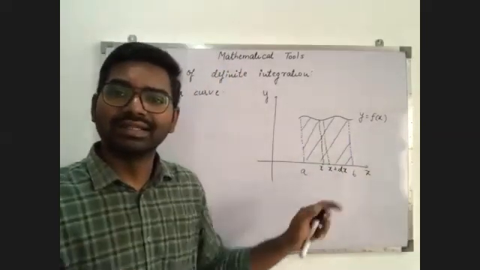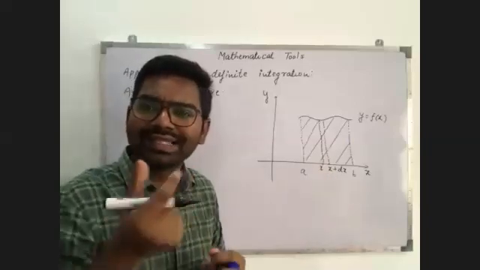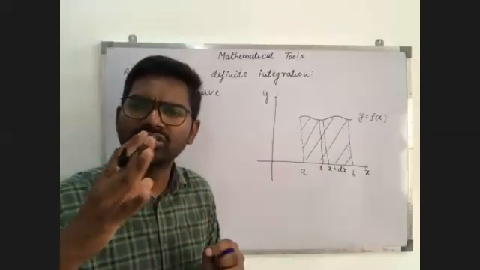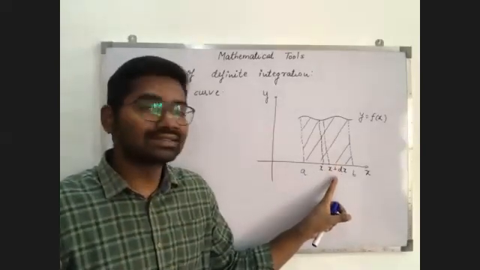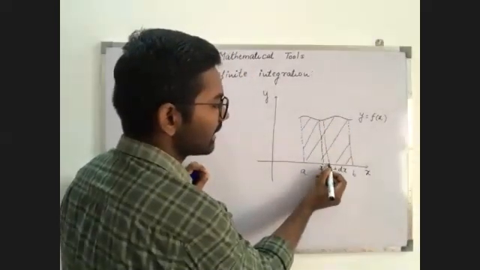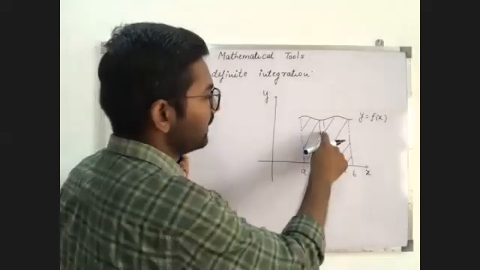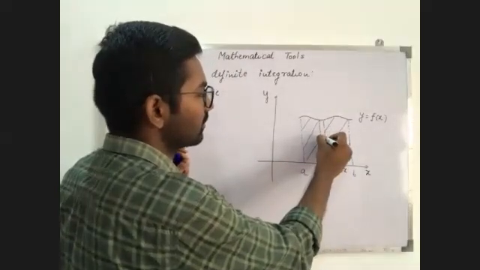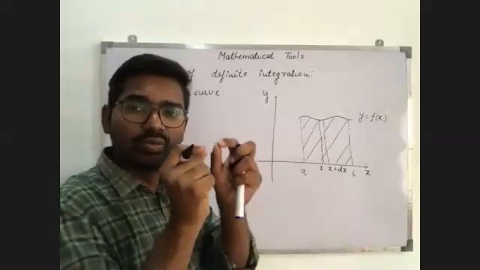What is dx? dx is very small, means let's suppose x is 2, then x plus dx will be 2.000001. This is point x, this is point x plus dx. So if these 2 points are very near, I have just made it a little bit far so you can see.